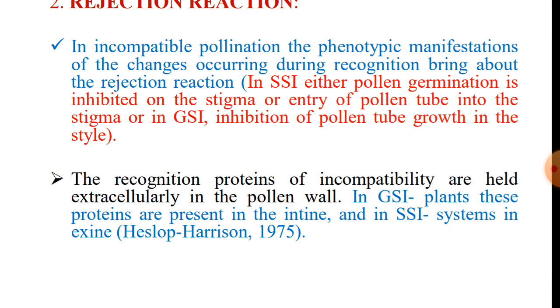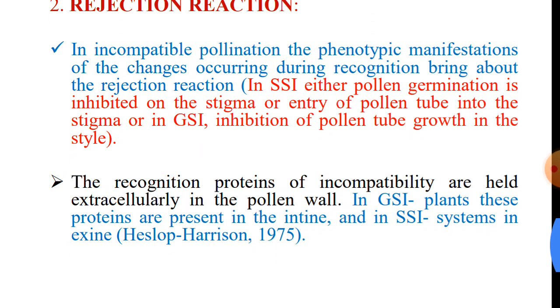The recognition proteins of incompatibility are held extracellularly in the pollen wall. In gametophytic self-incompatibility plants, these proteins are present in the intine, and in SSI systems in the exine. That is, in sporophytic self-incompatibility systems, the pollen grains are rejected on the stigmatic surface, and that is because of the presence of protein in the exine of the pollen grains.